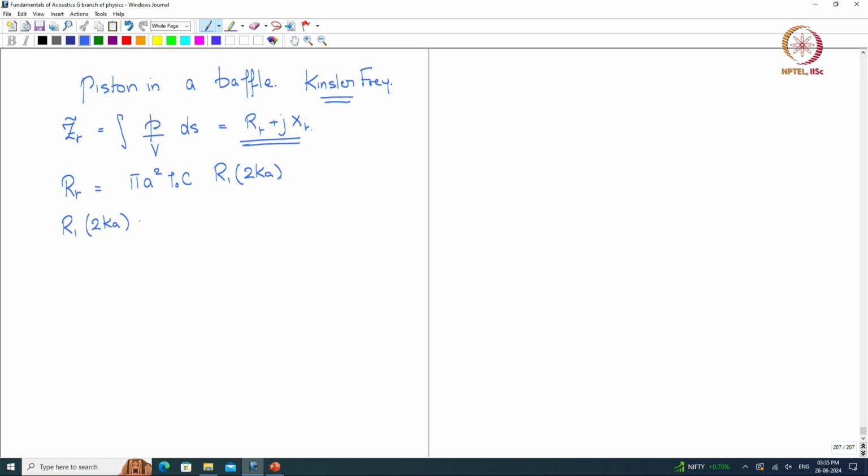R1 of x looks like 1 minus twice the Bessel function of the first kind over x, which, if you do an expansion, is x square by 2 square into 2 factorial, minus x to the power 4 by 2 to the power 4 into 2 factorial, 3 factorial, and so forth.